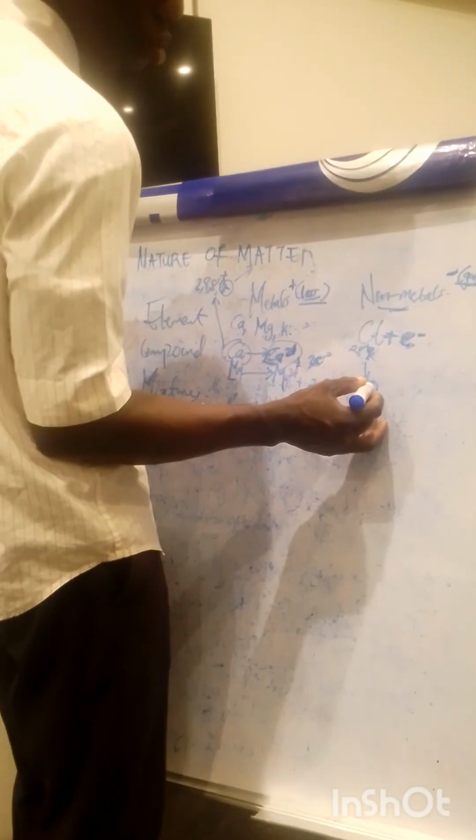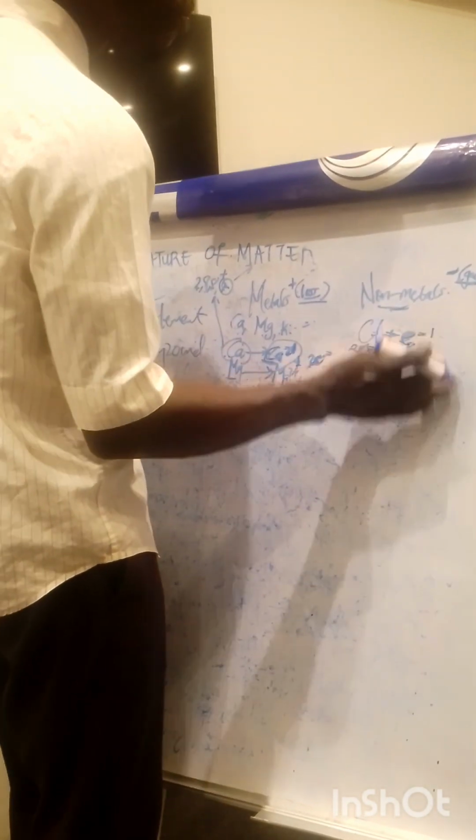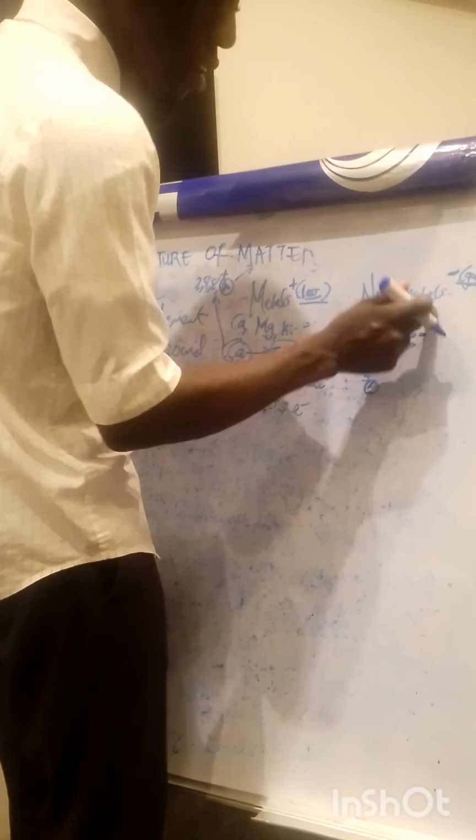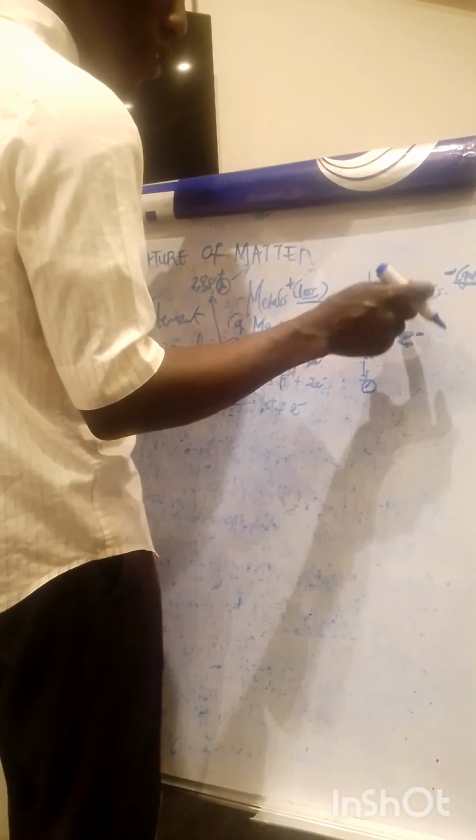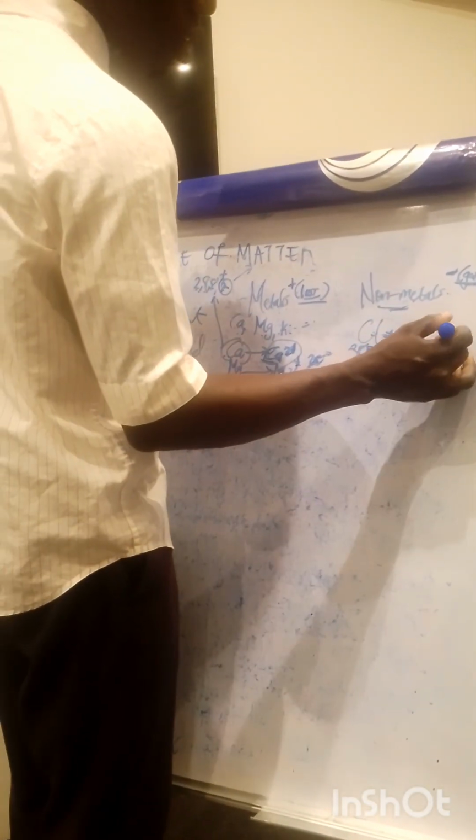So this one will now be written as -1, but professionally, don't put 1, just put your minus. They know what you are saying, that is -1. Thereby giving us our normal chlorine.